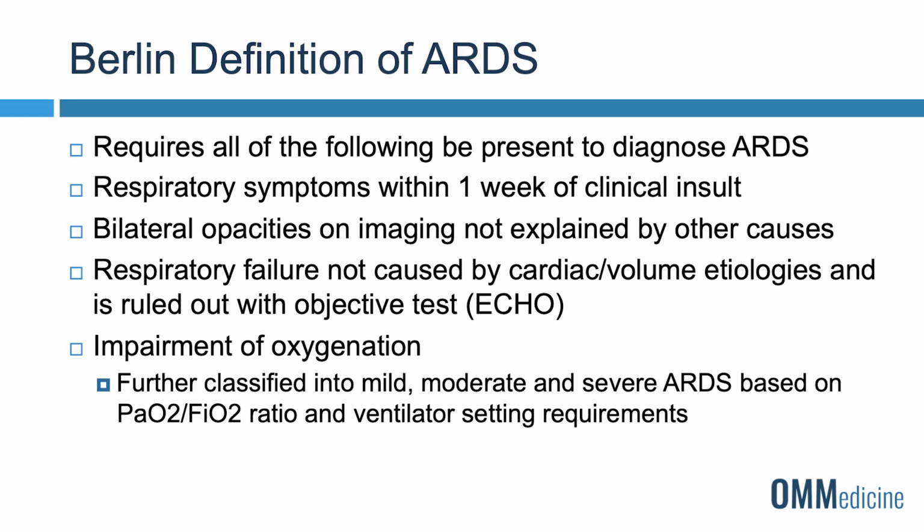Now, those are a bit out of scope for this talk. However, just know that we can further classify ARDS into mild, moderate, and severe based on these factors. And again, I just want to stress that typically the Berlin definition of ARDS is not typically used to diagnose ARDS. It's really going to be the chest x-ray and clinical picture. However, this is one criteria that can be used.